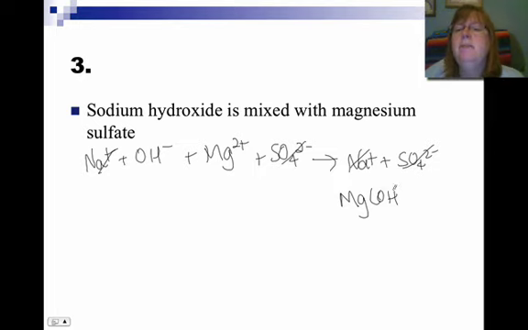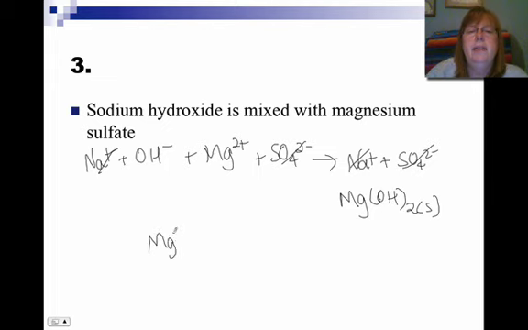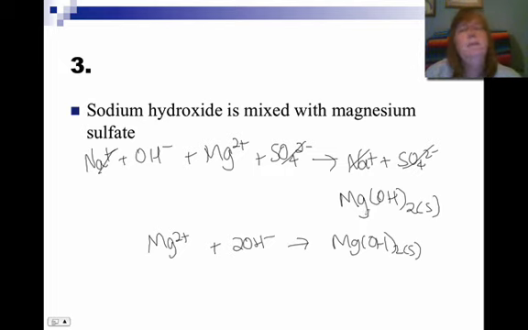So magnesium hydroxide would be insoluble. There we go, and there's our solid. Our net ionic would be magnesium, plus we're going to need 2 hydroxides, giving us our precipitate, magnesium hydroxide, solid. We took our spectators out, and that's our net ionic equation.